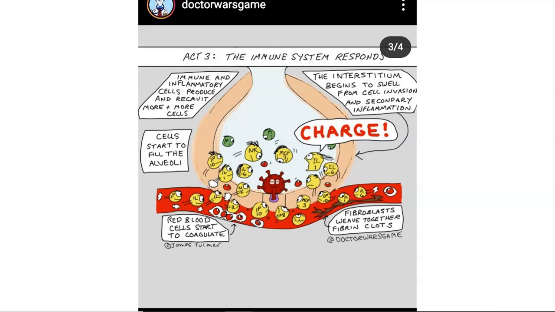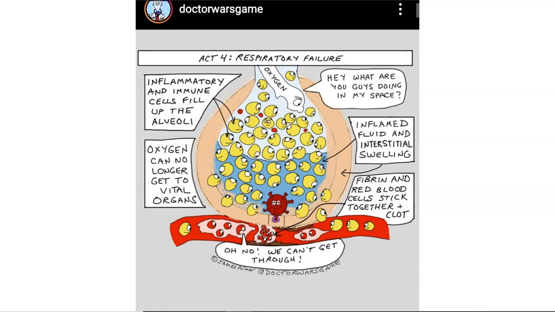There's also some evidence to suggest that there's an increase in clotting factors. So people start having blood clots all over. And as all of the inflammatory and immune cells start to fill up the alveoli and fluid moves into the interstitial space and into the alveoli, you have clots forming.